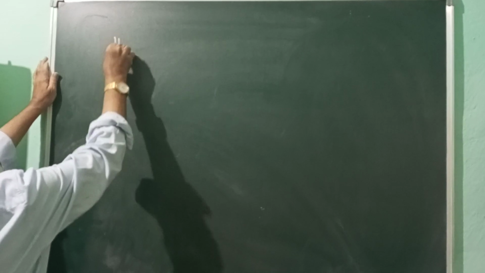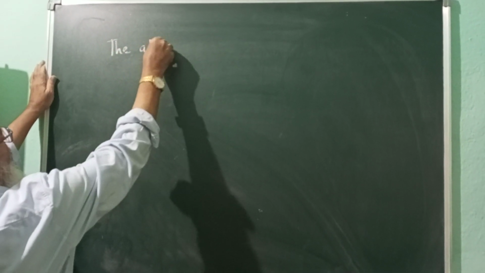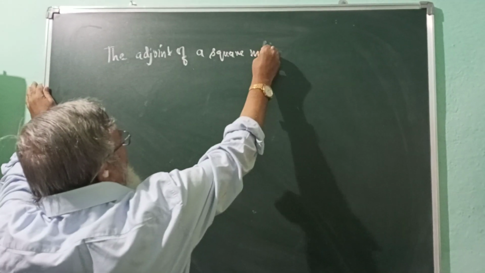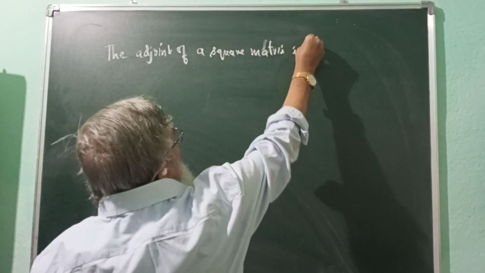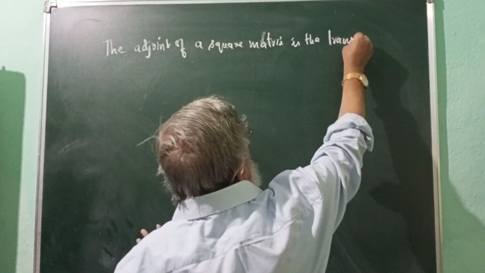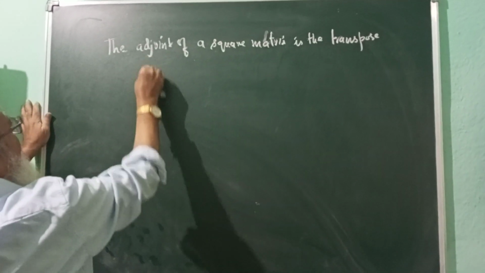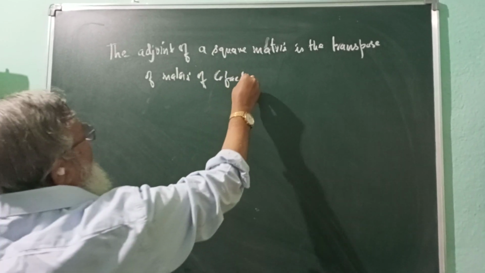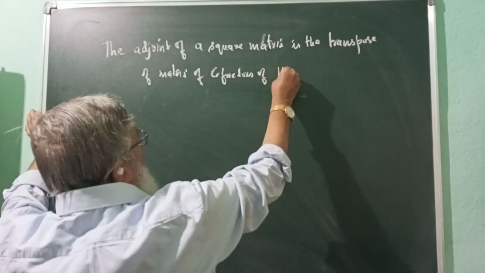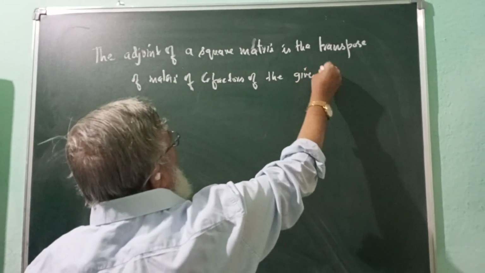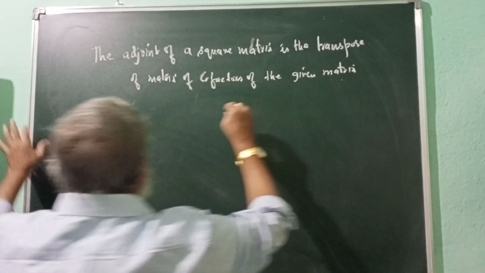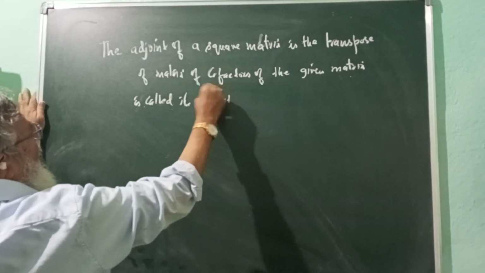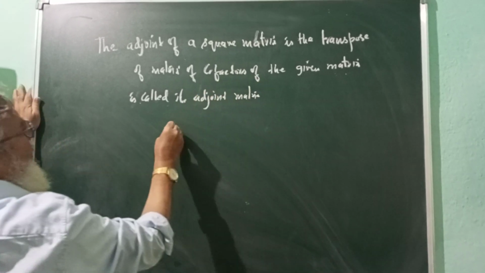That is, the adjoint of a square matrix is the transpose of the matrix of cofactors of the given matrix, and it is called its adjoint matrix. So here, let me write down.